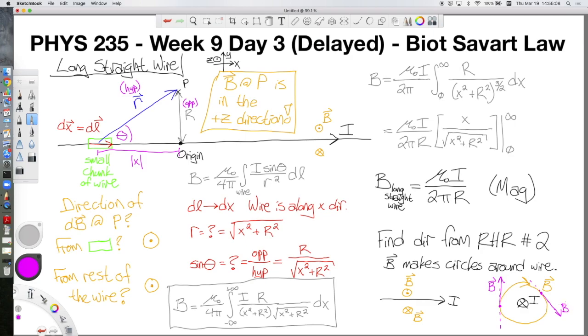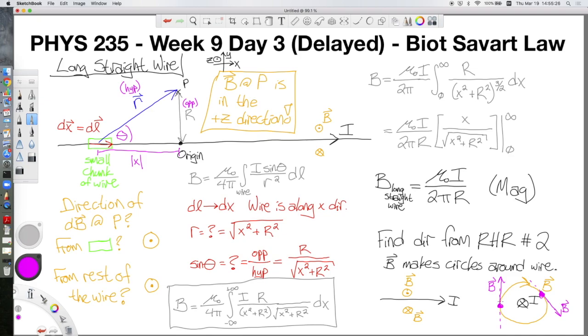So in orange we have magnetic field lines in diagram form, and in pink we have magnetic fields at specific locations. So these bits in pink are the magnetic fields at the location of the tail of that vector.